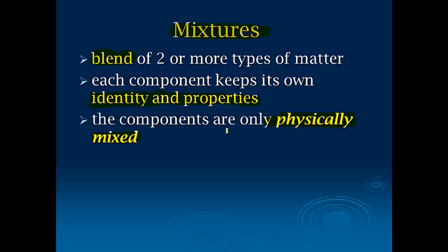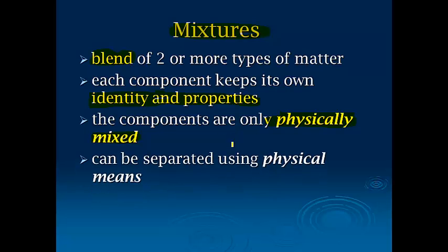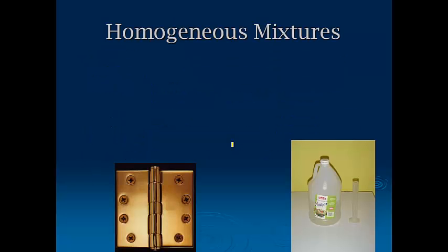Big difference here, and you're going to hear me use those two terms throughout this unit, physically combined as opposed to chemically combined, which also means they can be separated using physical means. Now sometimes those physical means are very simple and you can reach in and pull them apart. Other times we're going to have to use more scientific techniques, because things are just smaller and you can't just reach in.